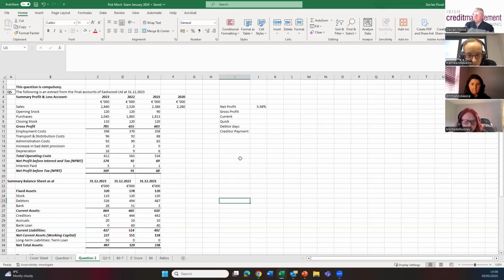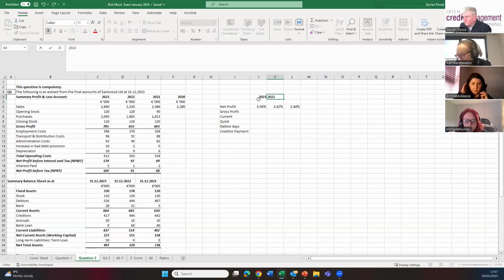Okay, so I know my net profit is 5.94%. And because I have done a formula and the information is in three different lines, all I have to do is copy it across to get the last 3 years: 2023, 2022, and 2021.